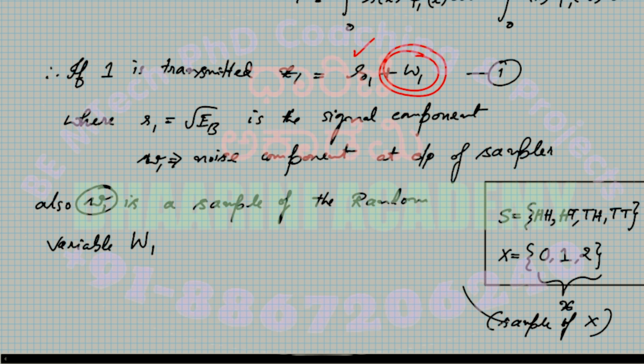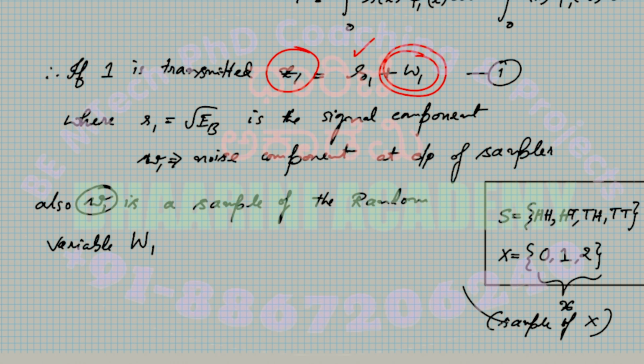So in equation number one, I'm talking about that. There is S1, which is a fixed signal, let us say. Because W1 is random, a randomly picked sample out of capital W will be substituted there for small w1. S1 is fixed, so you will understand that w1 is random now.